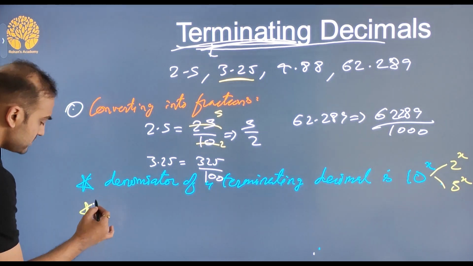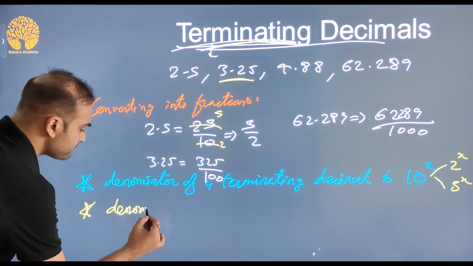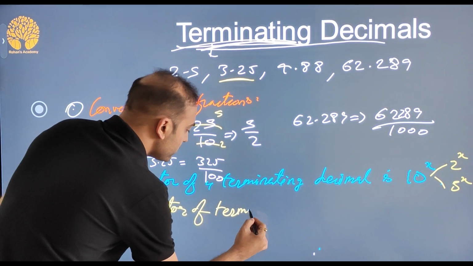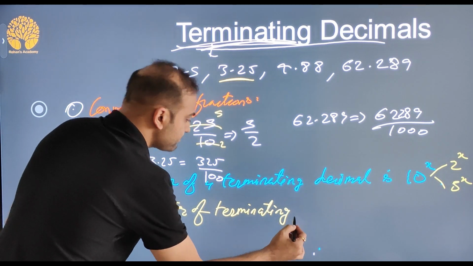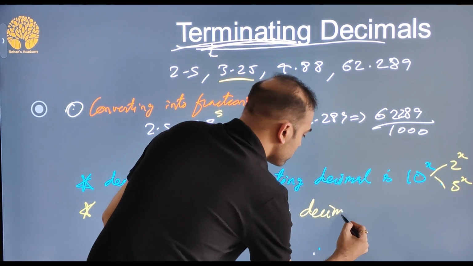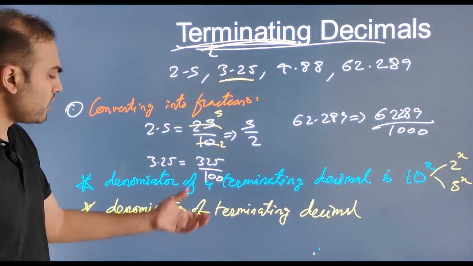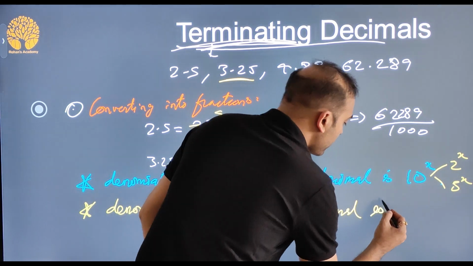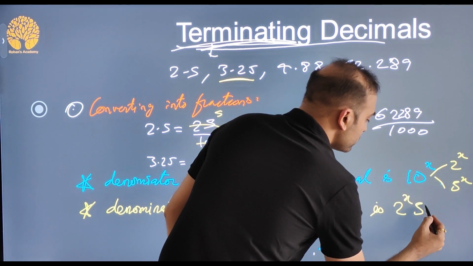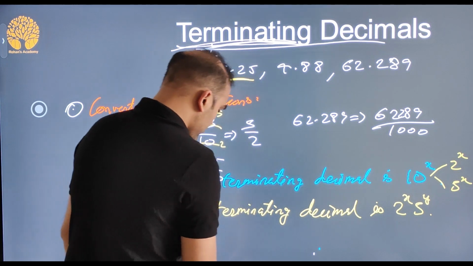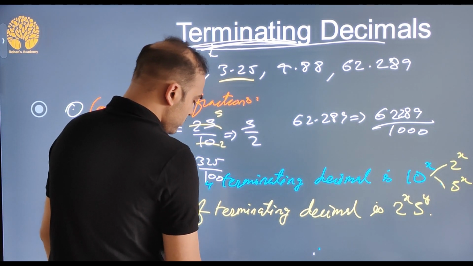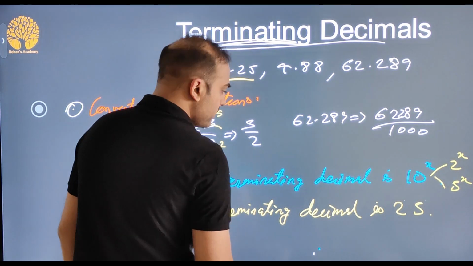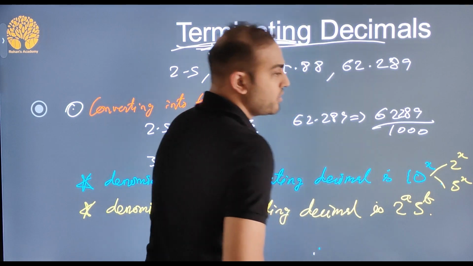So which essentially tells me that the denominator of a fraction that gives a terminating decimal is ultimately made up of 2's and 5's.